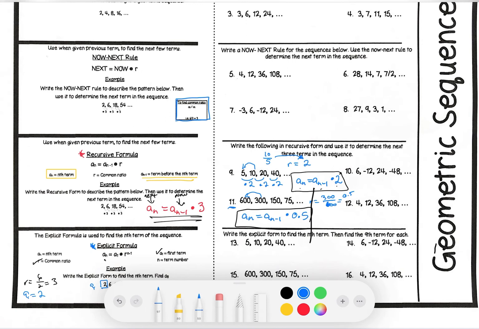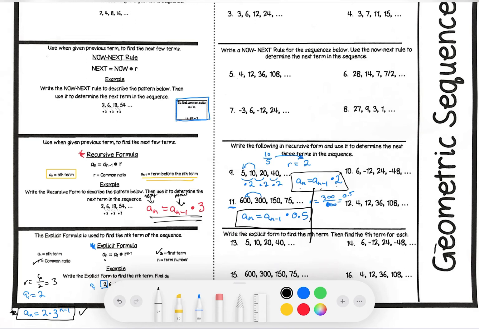And now we can write the explicit form to find the nth term. And it goes a little something like this. A sub n equals 2 times 3 to the n minus 1. Just like that. All right. And to find the 8th term in the sequence, so this is just to find anything, right?